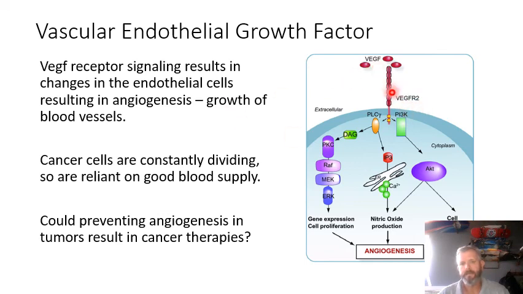Binding of the VEGF receptor at the endothelial cells signals them to produce more and do what's called angiogenesis, growth of blood vessels. If you need more blood supply, you want more blood vessels to that area. We're going to look at this in effect to cancer cells.